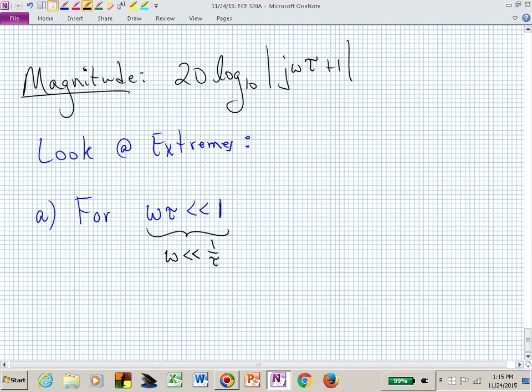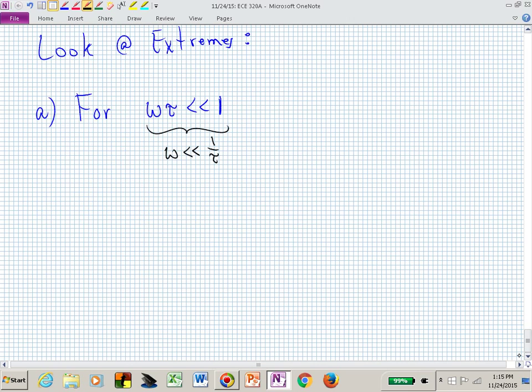And what are we assuming is much less than? Here's where we get into the approximations. Let's just agree that to be much less than the break frequency means we are a decade below the break frequency, where this approximation is okay. And that's 1/10 of omega c. That's what we're considering to be too small, or very, very small.